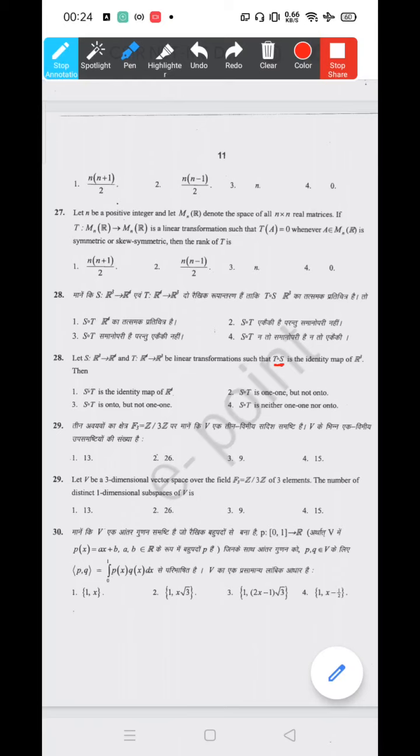S composite T is one-one but not onto. S composite T is onto but not one-one.